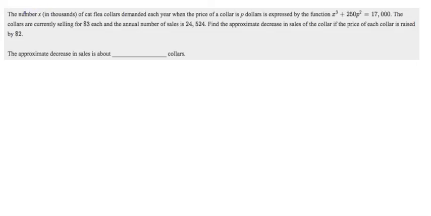Okay, and the number X is the number demanded, which is the number of sales of the collar if the price of the collar is raised by $2. So what this is implying is that sales depend on the price P. X depends on the price P because X is the amount demanded, or the number of sales, which depends on the price, which makes logical sense.